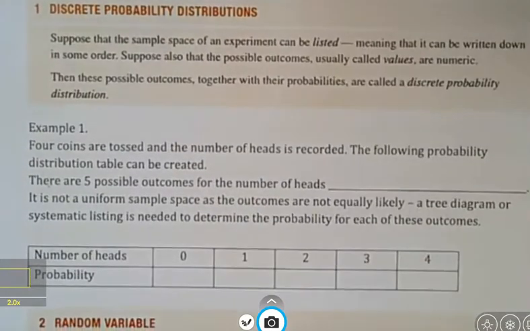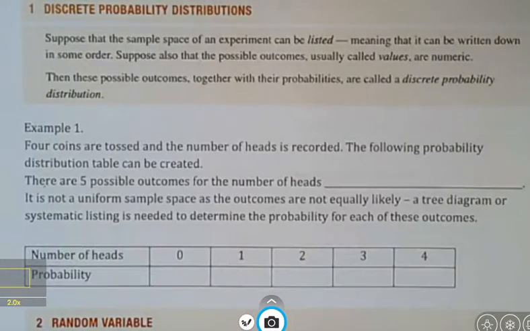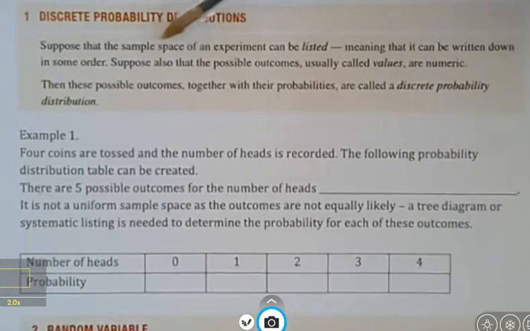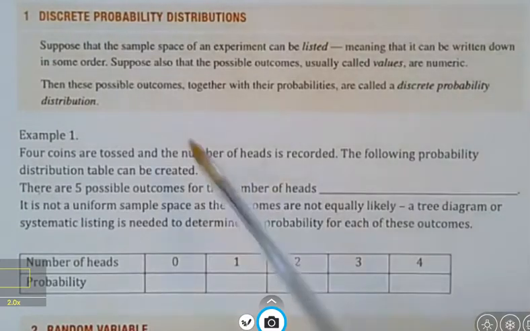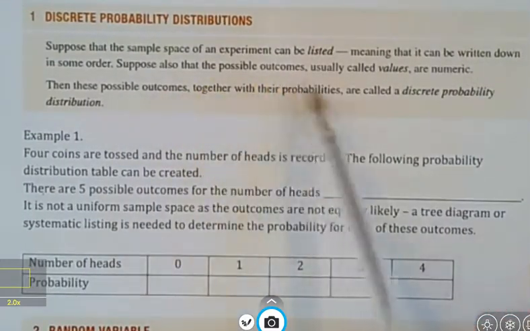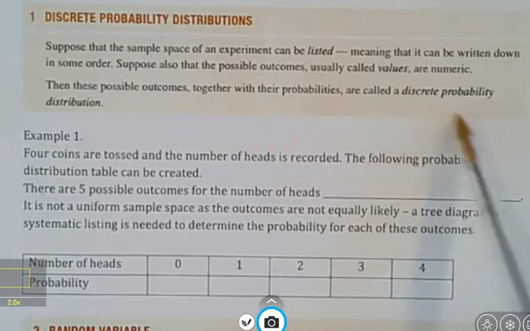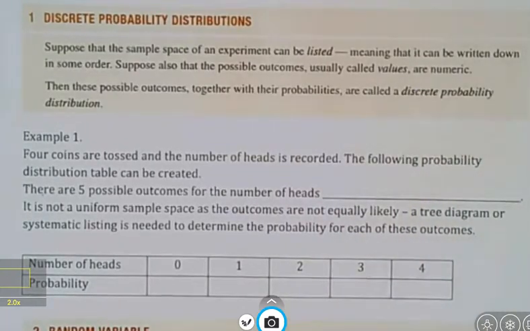So, discrete probability distributions. Discrete data is different to continuous data. It's numerical data, data that can be counted, all right? So suppose that the sample space of an experiment can be listed, meaning that it can be written down in some order. And suppose also that the possible outcomes, usually called values, are numeric, right? You learnt about this in stage 4, two types of data: categorical, or numerical, also called quantitative.